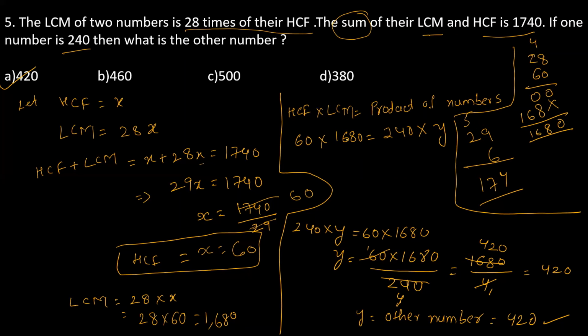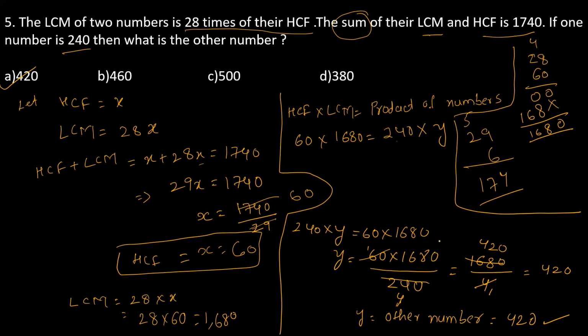So 60 into 1680 is equal to one of the numbers, 240. We don't know the other number. So I'm naming it as Y, because X I have already used here as HCF. So I'm taking the other variable Y. So I'm interchanging the whole LHS as RHS and RHS as LHS. So 240 into Y is equal to 60 into 1680.